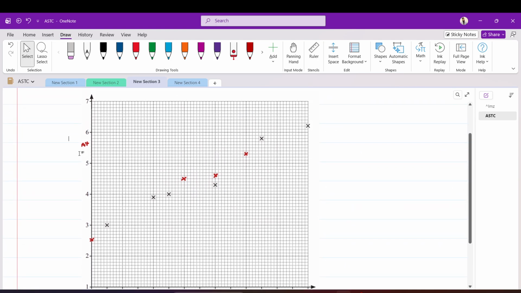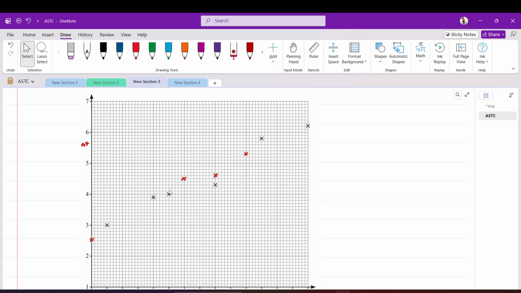Okay, what exactly do we mean by line of best fit? Let's first understand that. Now, you cannot draw a straight line that can pass through all of these points, right? So you're going to try your best that your straight line, which is the line of best fit, should be as close as possible to as many points as possible.